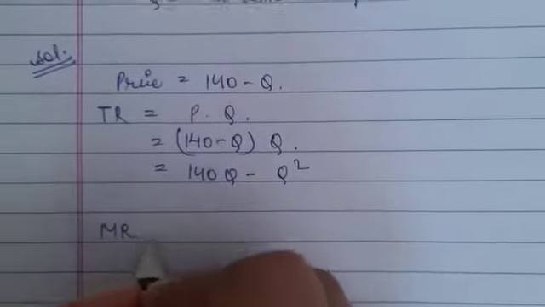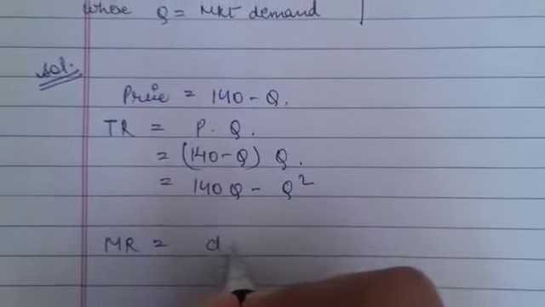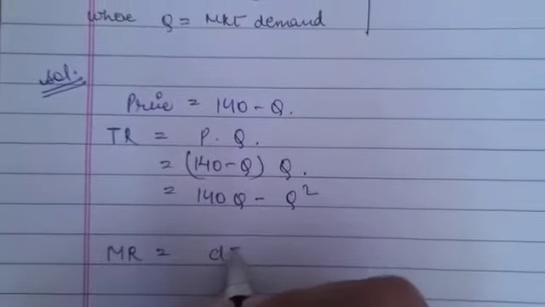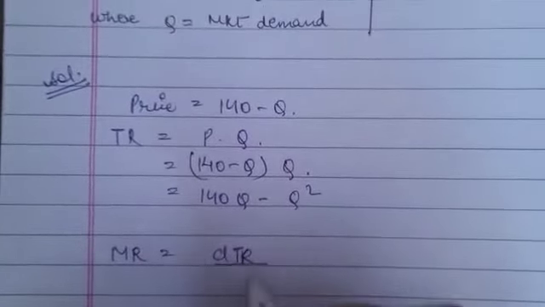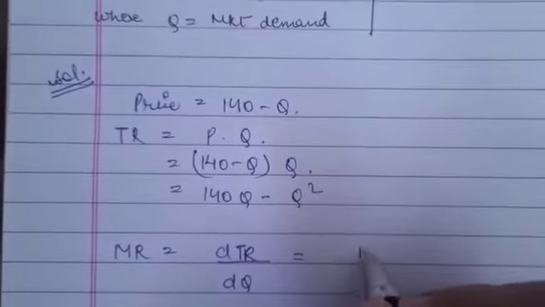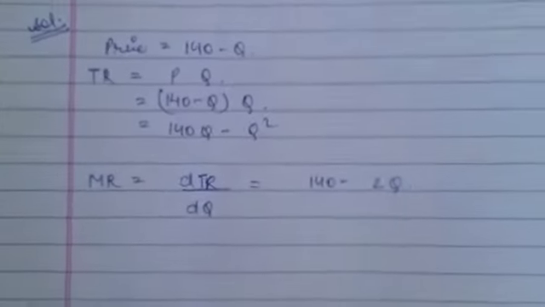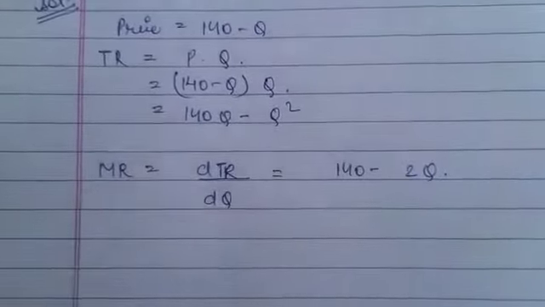Now MR, marginal revenue, we know is the derivative of total revenue with respect to Q. So it will be 140 minus 2Q. So this is our MR.